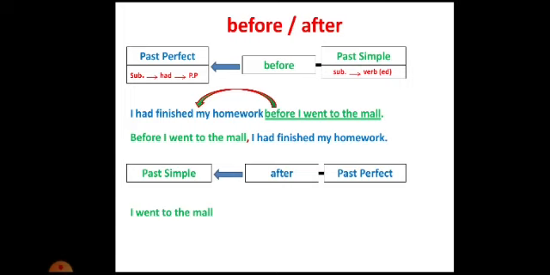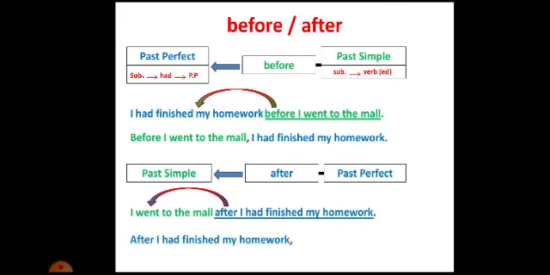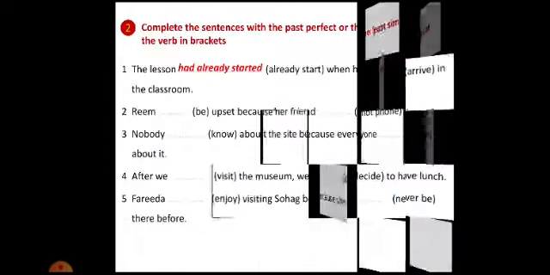So it will be: I went to the mall after I had finished my homework. And as we did with before, we can start with after with the same procedures. Move all these parts together: After I had finished my homework, I went to the mall. Now we have finished. We are going to move to the exercise in your book.